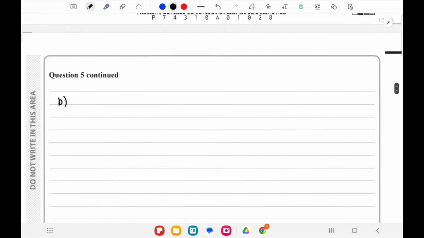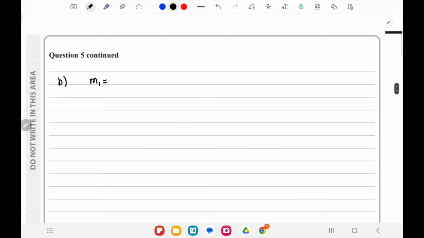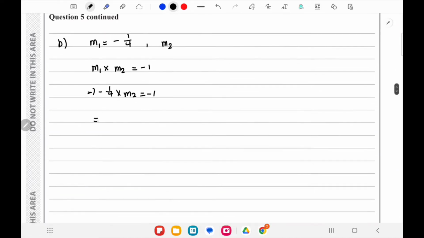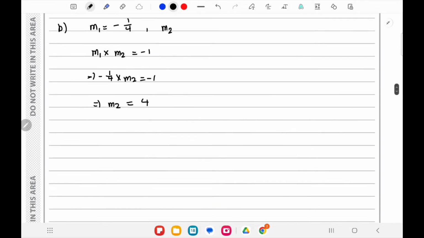So the gradient of L1 is minus 1 by 4. The gradient of L2, we don't know yet, but we know that they are perpendicular to each other. So M1 into M2 should be minus 1. So minus 1 by 4 into M2 would be minus 1. So the gradient of L2 would be 4.